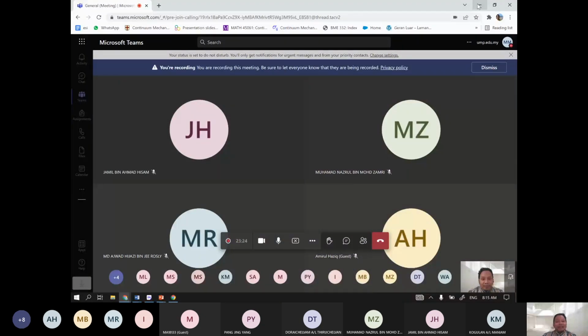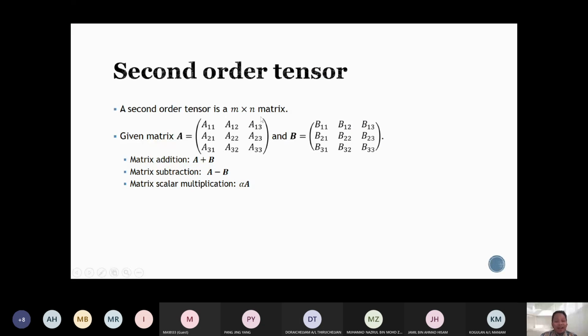Okay, so a matrix is an n times n matrix, a second order tensor. For example, matrix A is a 3 by 3 matrix. If you want to do addition of matrices, you just add each of the elements one by one.